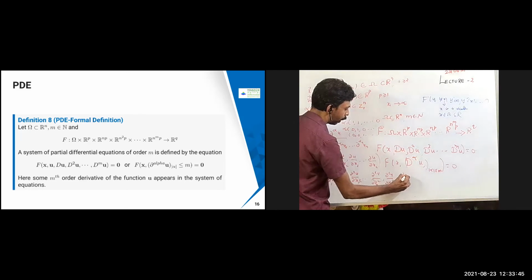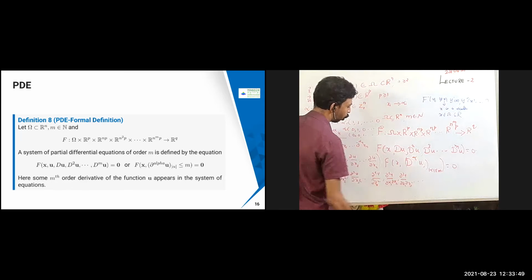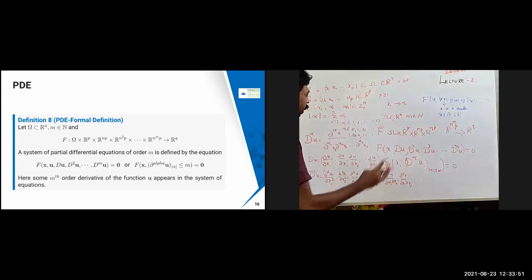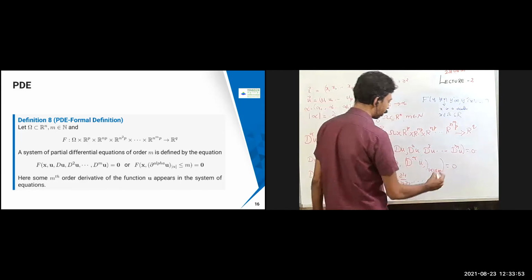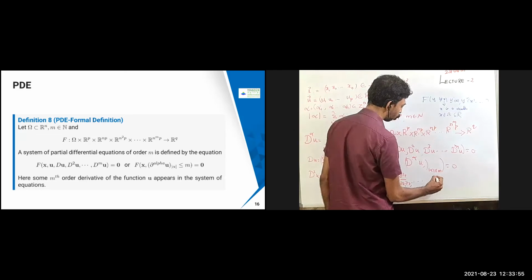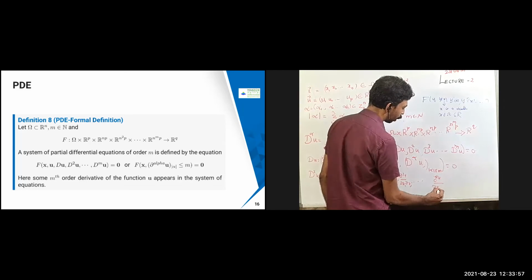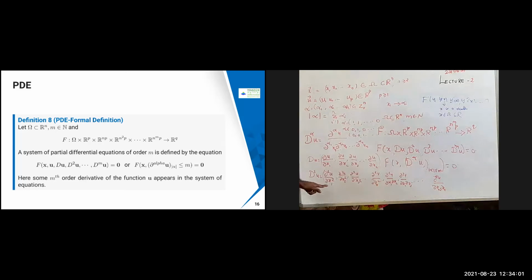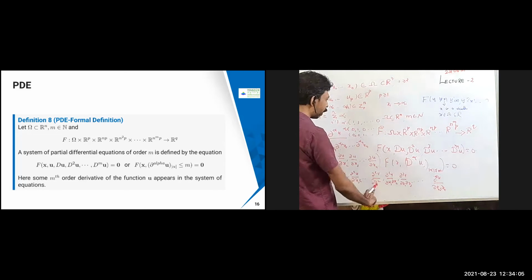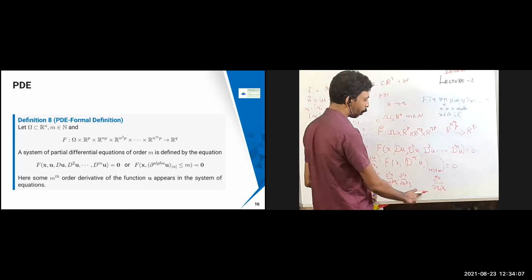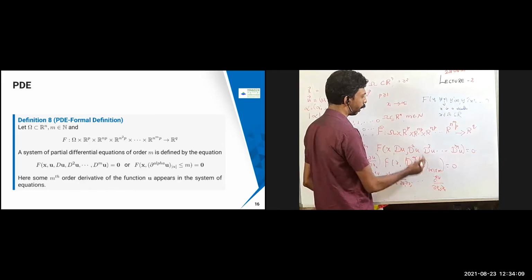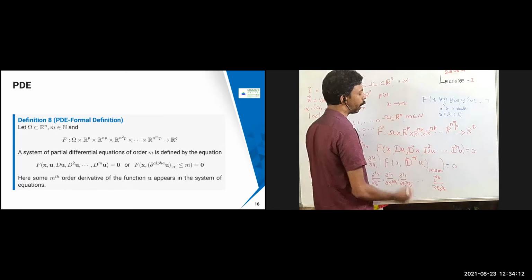Similarly, dou square u by dou x1 dou x3 can come, and dou square u by dou x2 dou x3, etc. Like this I can keep on doing, up to dou square u by dou xn minus 1 dou xn. So how many are going to come here? Taking the combinations 2 at a time, you are going to get n square combinations.